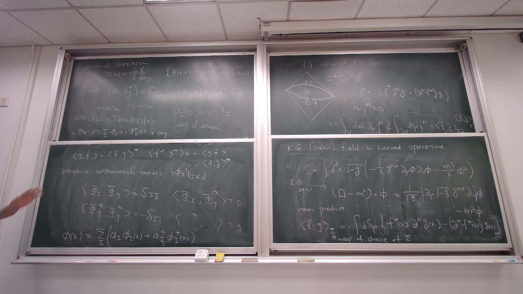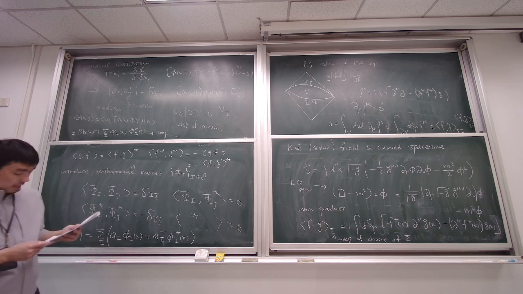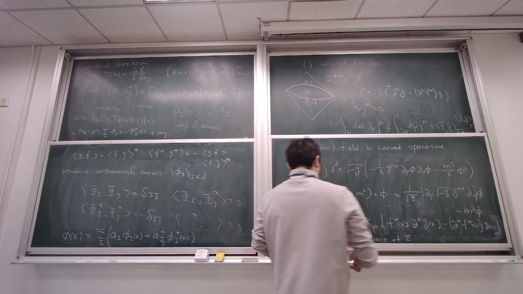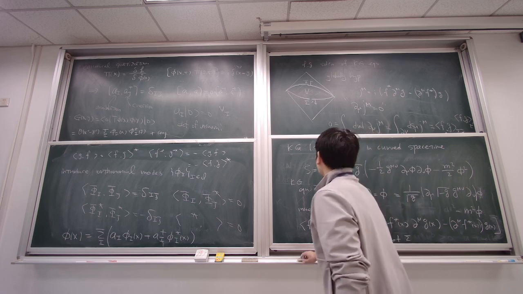Conjugate means essentially you just change the roles of x and y. I'm not going to write down everything. Fine, so those are the 2-point function or Feynman propagator, whatever you call it.